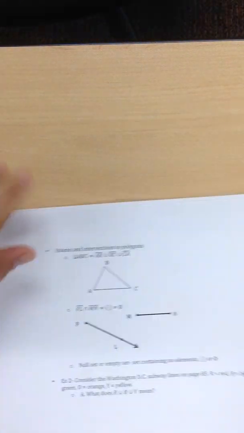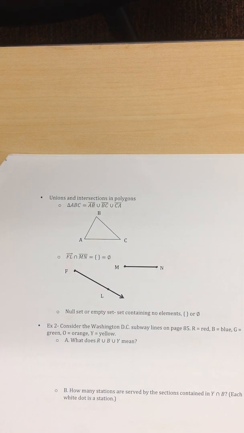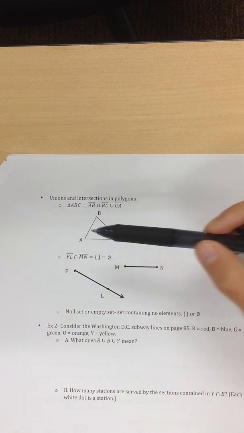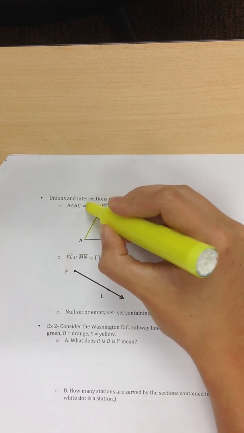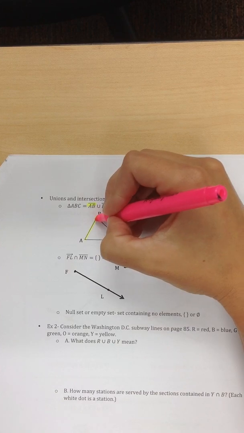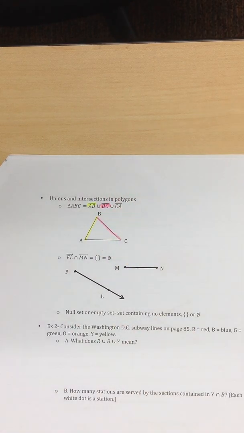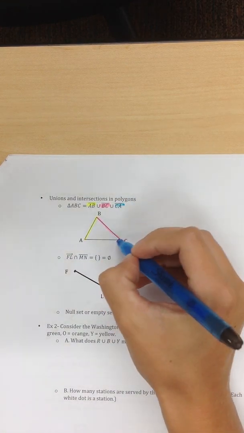Okay, next thing here. We've got union and intersection in polygons. So they give us a triangle, A, B, C, and then they say that the triangle ABC is made up of the segment AB, union with BC, that segment, and then also CA.